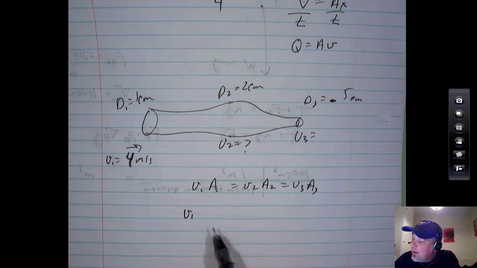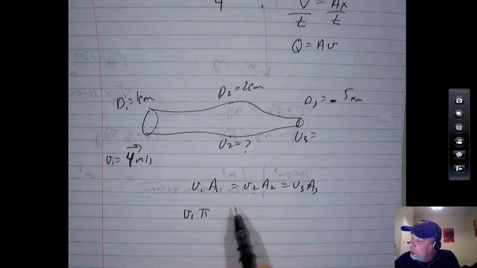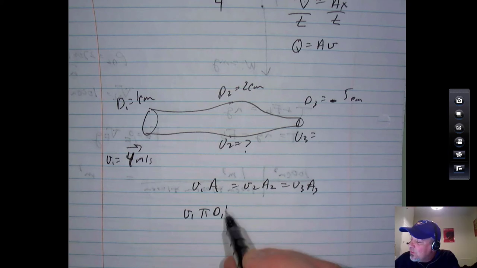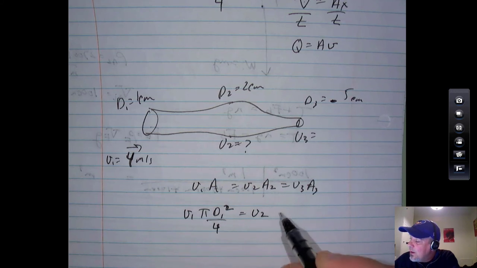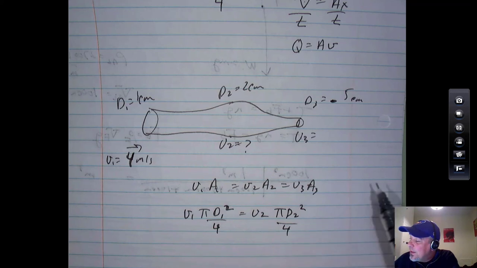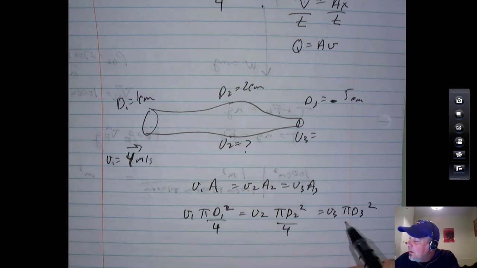This would be pi diameter 1 squared over 4. This would be V2, and then the area would be pi diameter 2 squared divided by 4. Remember, it's the area of a circle. This would be V3 pi d3 squared over 4.